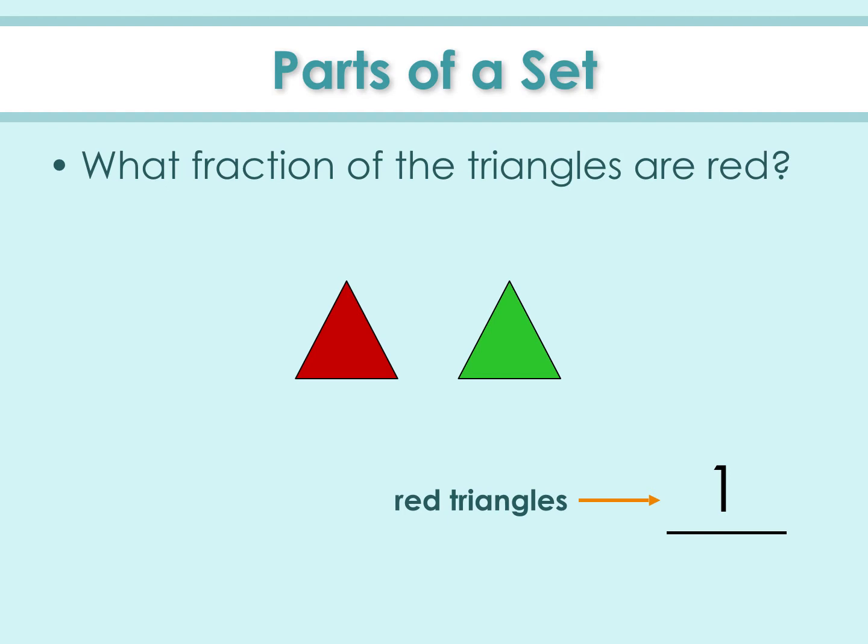The denominator is going to be the total number of triangles. So if we count how many triangles we have all together, you can see we have 2. So our denominator would be 2. So if we're answering the question, what fraction of the triangles are red, we would say half of the triangles are red.